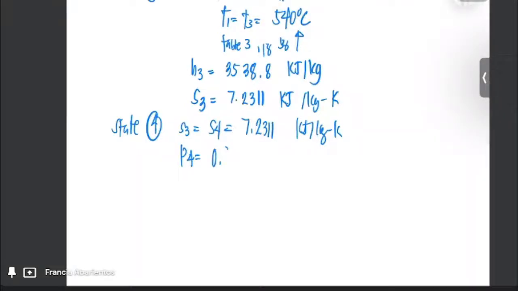Okay. Ano yung kukunin natin? Anong table kayo pupunta? Table 2. Page 0.97. So, page 11.